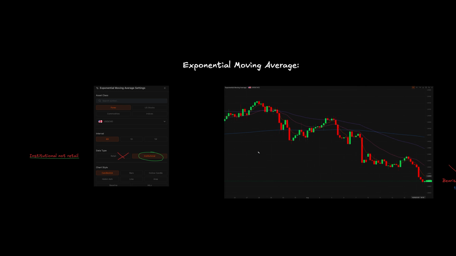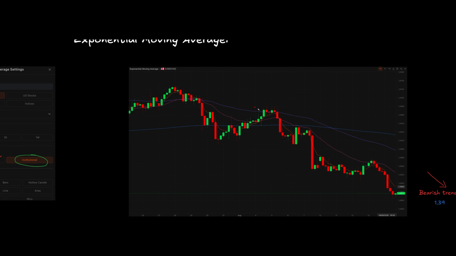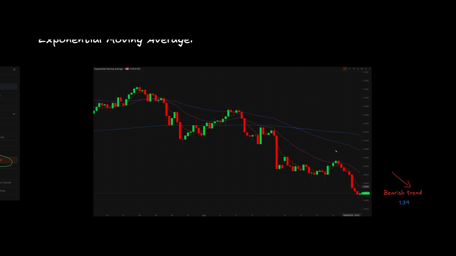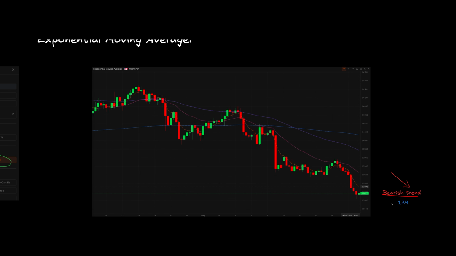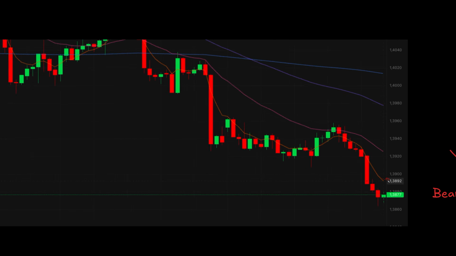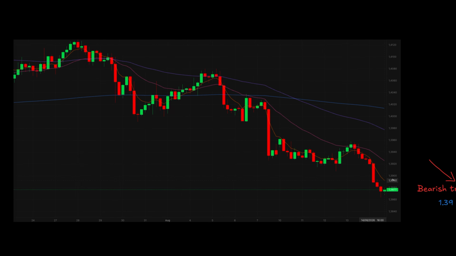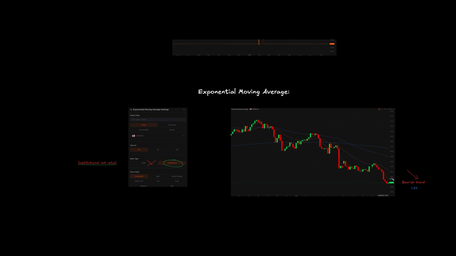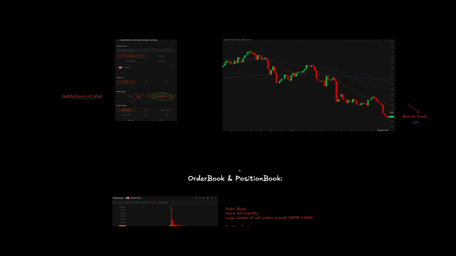Now, if we check the EMA for USD-CAD, as you can see, pretty bearish again. The trend is definitely bearish. We have this bearish trend, and we have the 139. If, let's say, the price goes up again close to the 139, which is definitely close to this EMA, maybe shorting USD-CAD around this key level could make sense. Yeah, it starts to become quite interesting.